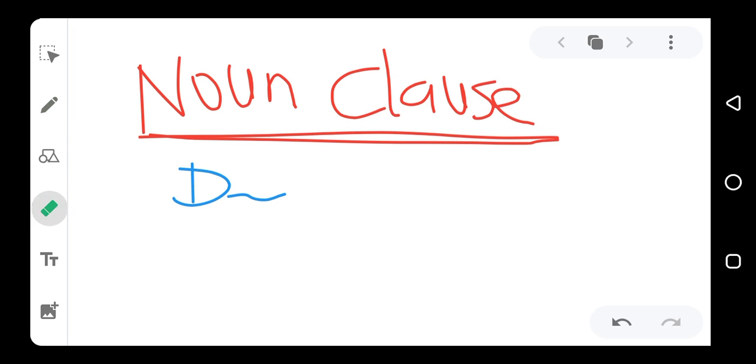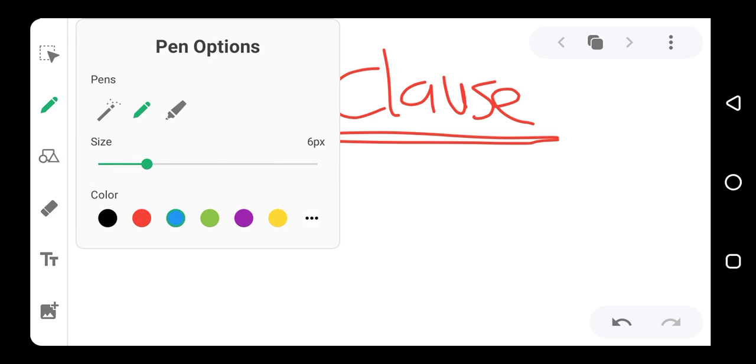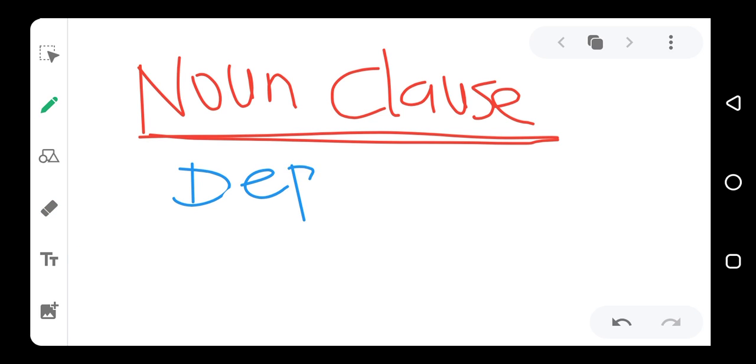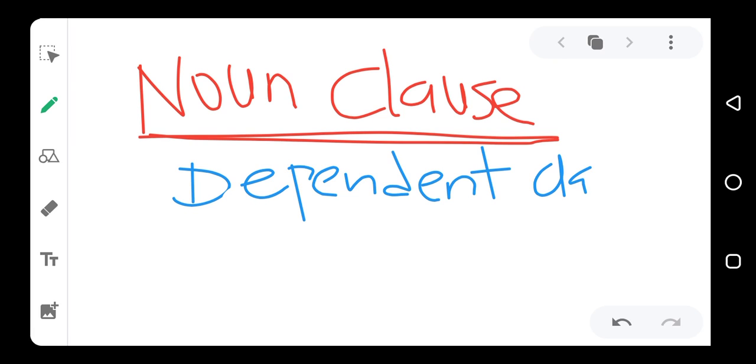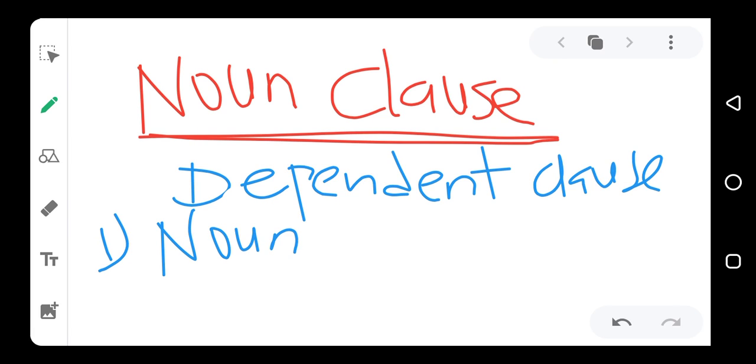I say that we have three types of dependent clauses. We have three types of it. One, noun dependent clause, or what we simply call noun clause.